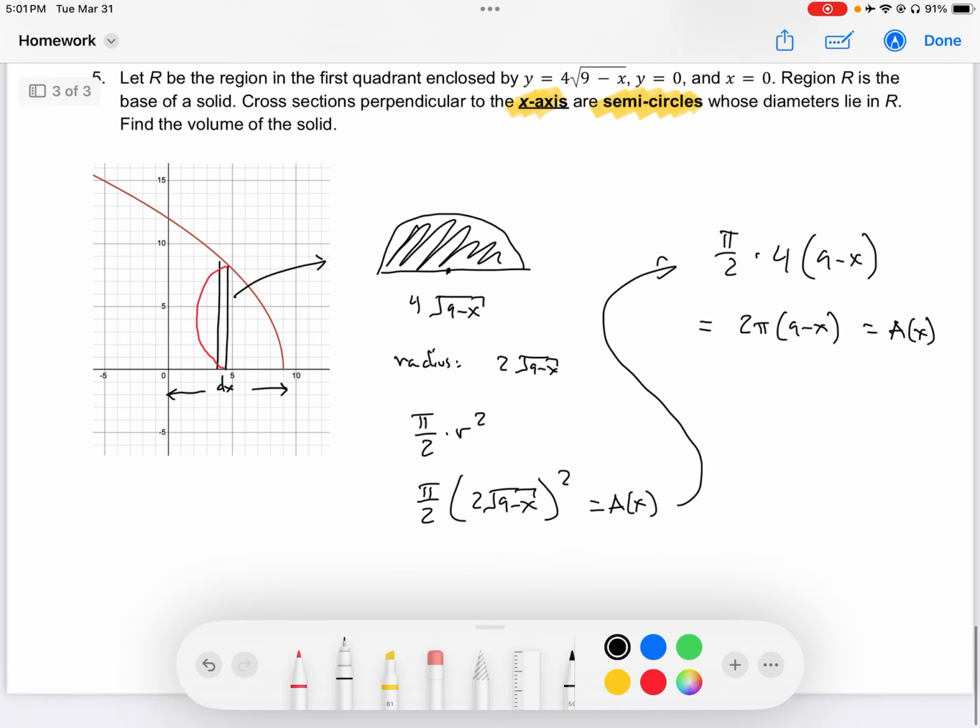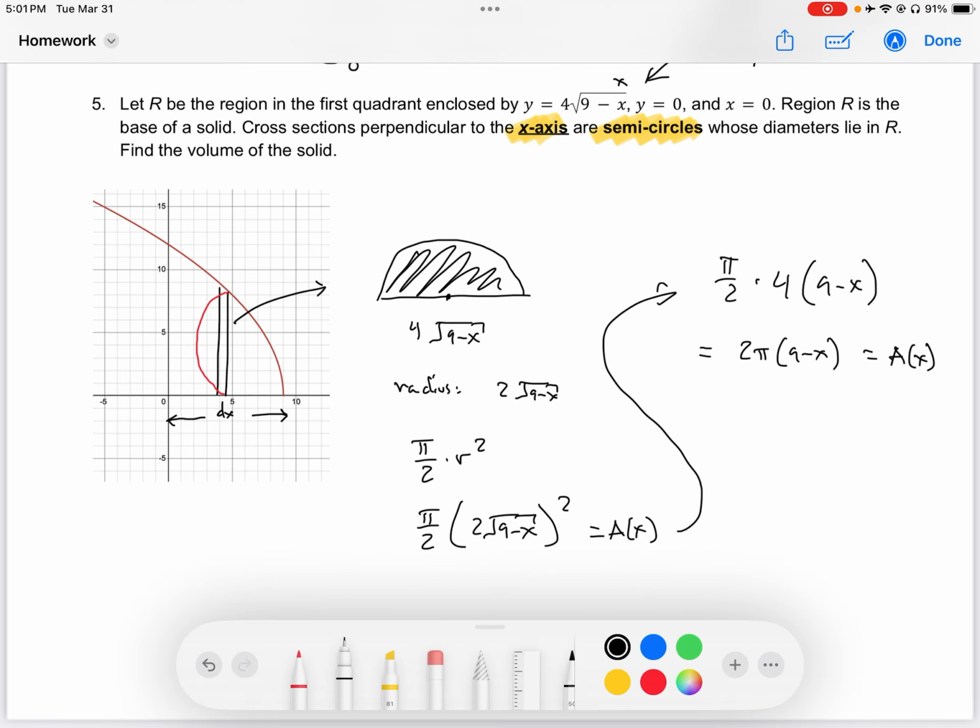So if I want to find this volume, I am simply going to integrate from 0 up to 9. My cross-sectional area, I'll pop the 2 pi out front, and then I'll have 9 minus x dx. Done.